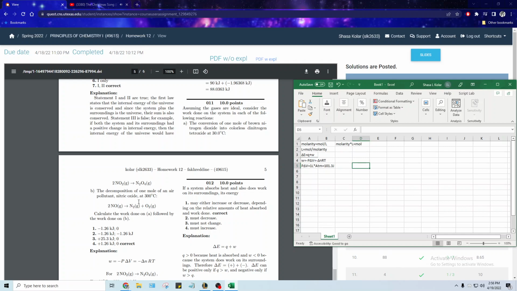If the volume change is positive, then work done is negative. But if the change in volume is negative, then we'll actually have positive work being done. So if you look here, the volume is going down. The change in volume is negative. So our W is actually going to be positive.